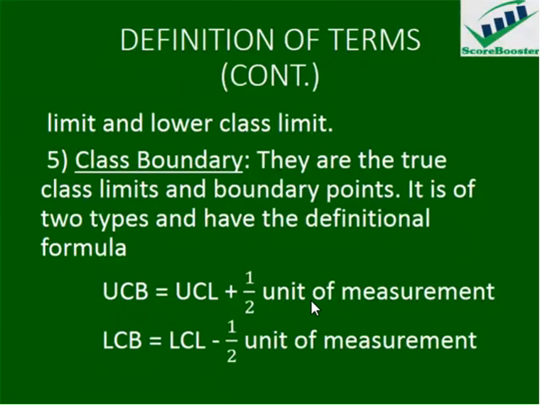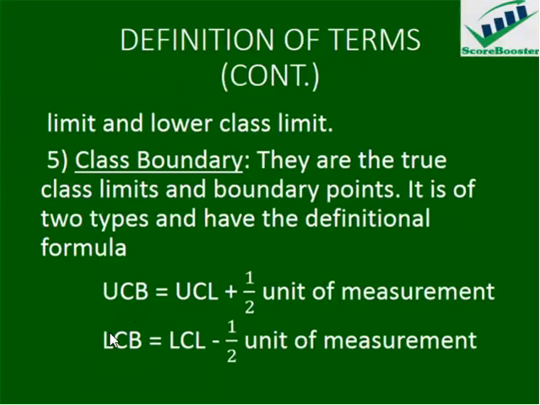The unit of measurement is 1, since we are counting in ones. So 1 over 2 multiplied by 1 will give half, which is 0.5. 0.5 plus 9 will give 9.5. So the upper class boundary of the class 5 to 9 is 9.5.